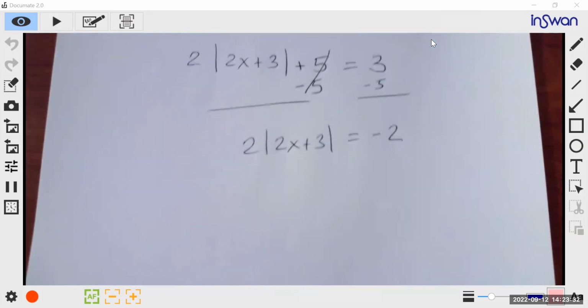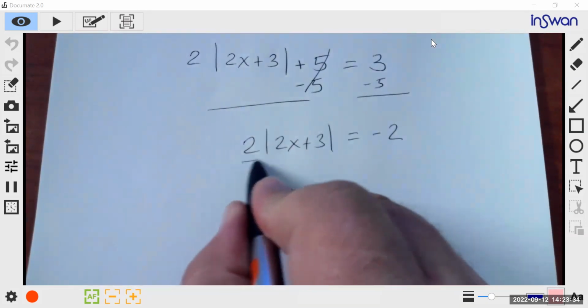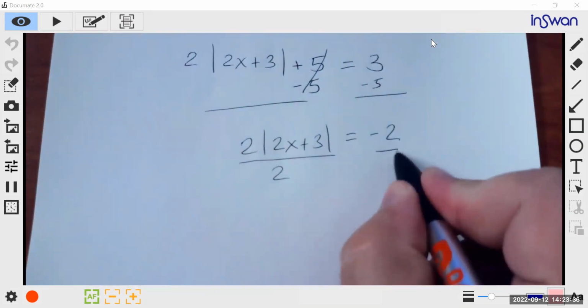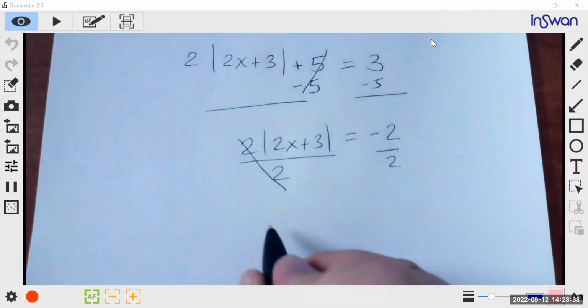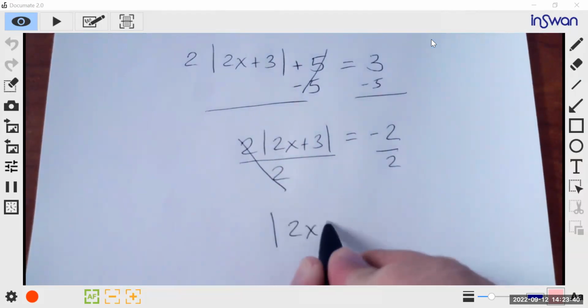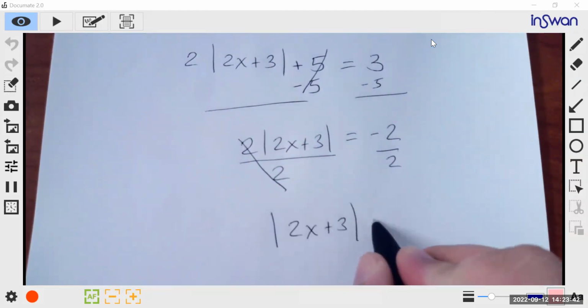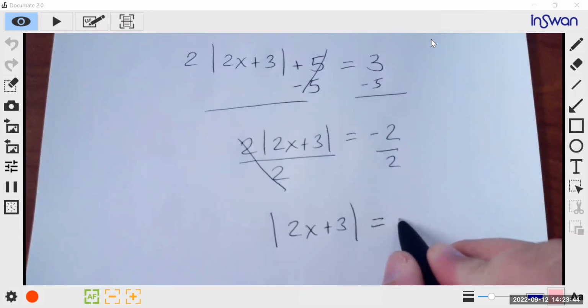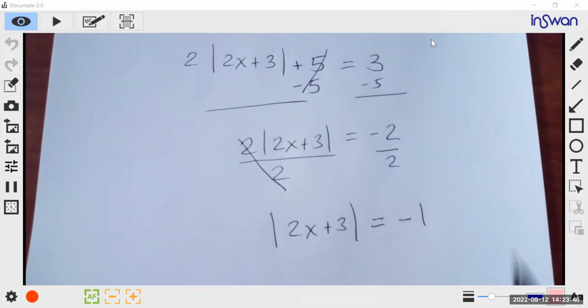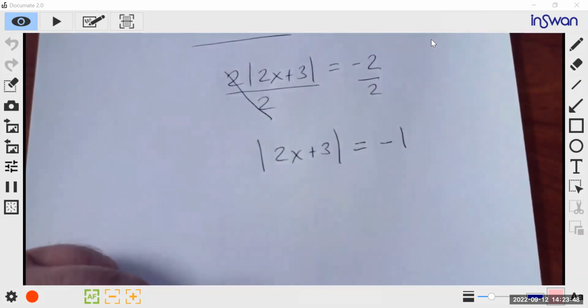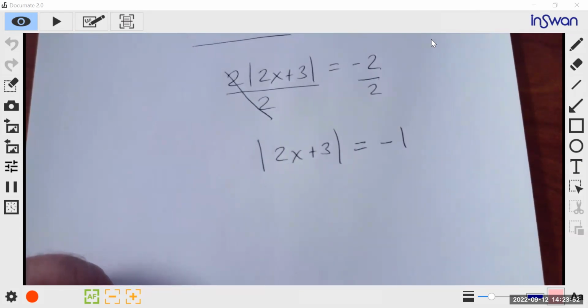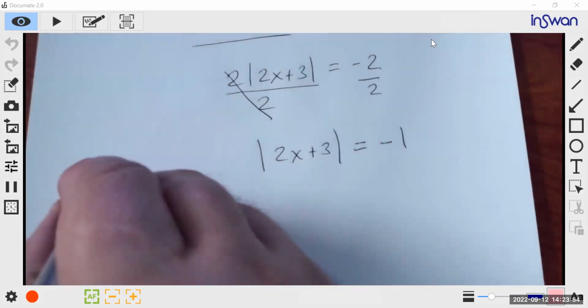Next step. Get rid of the coefficient. Divide both sides by 2. 2x plus 3 is equal to... Now what do you do? You're done.